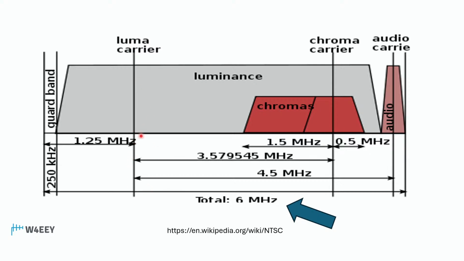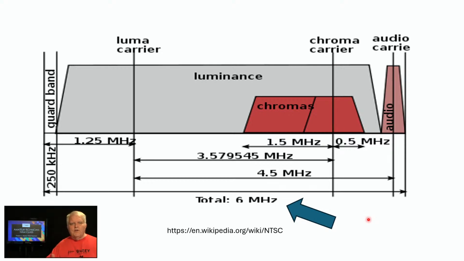It transmits a full upper sideband and a vestige of the lower sideband. Hence, this is called vestigial amplitude modulation. And there's the black and white signals there, the color signal. There may be an audio subcarrier, but just know that the NTSC television signal that amateur radio operators can use on UHF and above is going to be 6 megahertz wide.